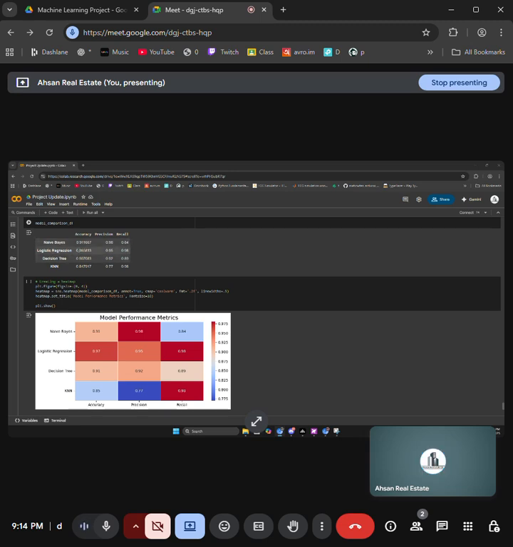Logistic regression has an accuracy of 0.96, a precision of 0.95 and a recall of 0.98. The decision tree has 0.90 accuracy, a precision of 0.92 and a recall of 0.89, and KNN has 0.84 accuracy with a precision of 0.77 and a recall of 0.98. These are the accuracy, precision and recall values for each model. Overall, logistic regression has performed very well throughout.